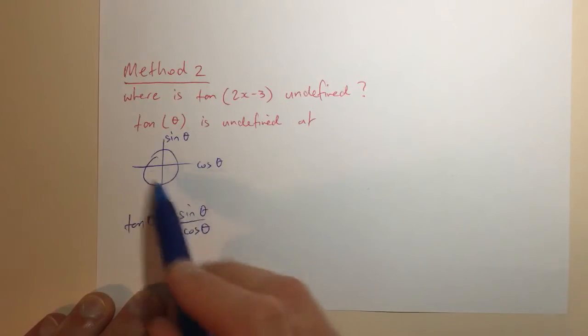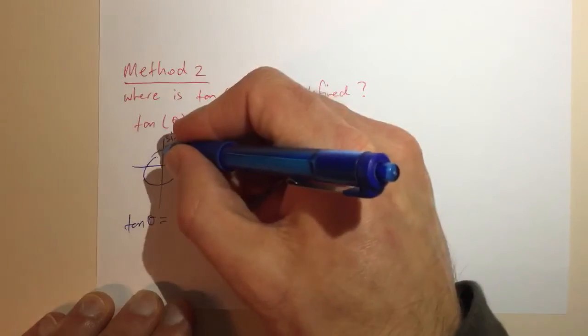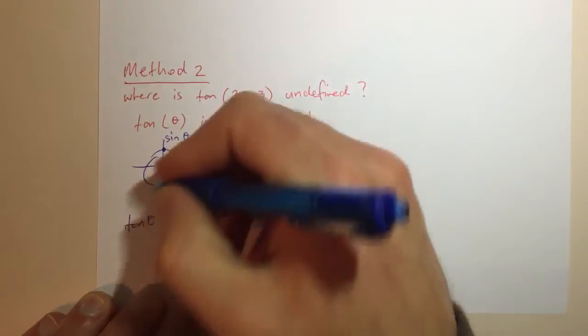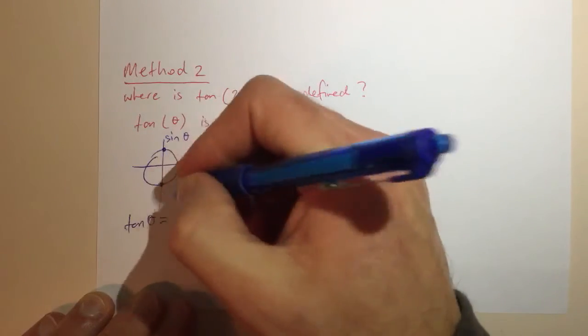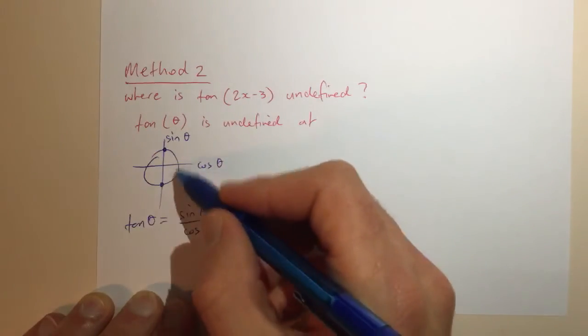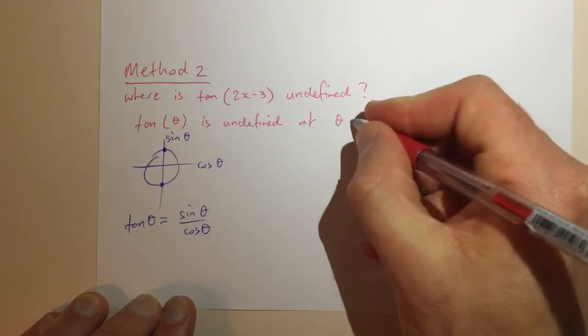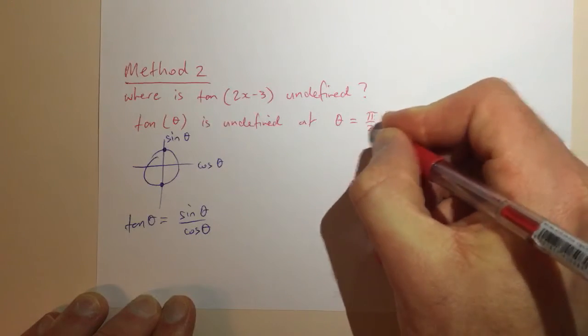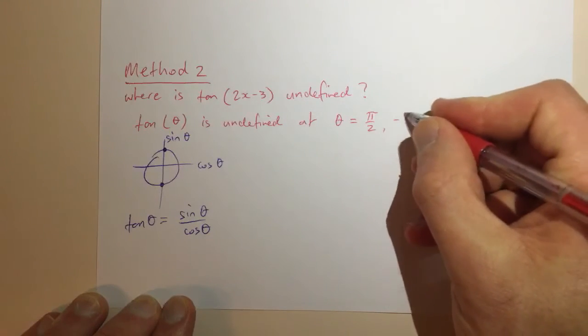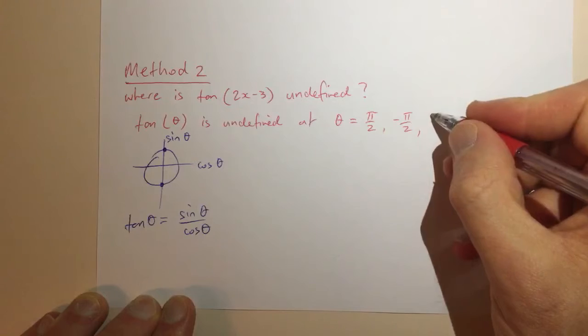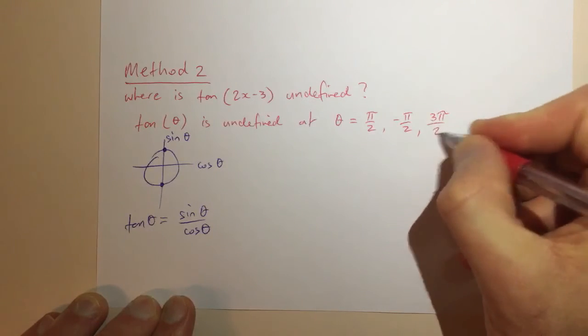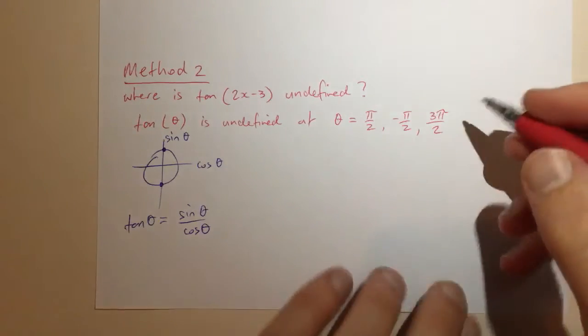Around the unit circle, where x equals 0 is up here at pi on 2, and down here at negative pi on 2 or 3 pi on 2, depending on which way we go from 0. So tan theta is undefined at theta equals pi on 2 or negative pi on 2 or 3 pi on 2, and so on.